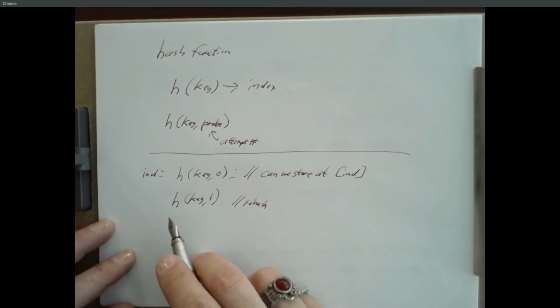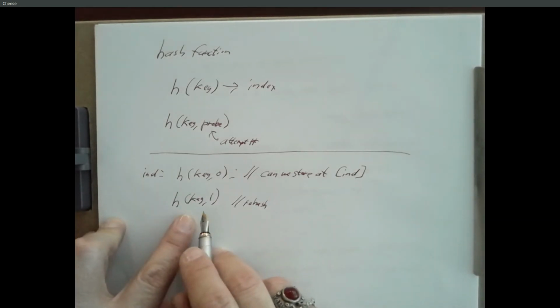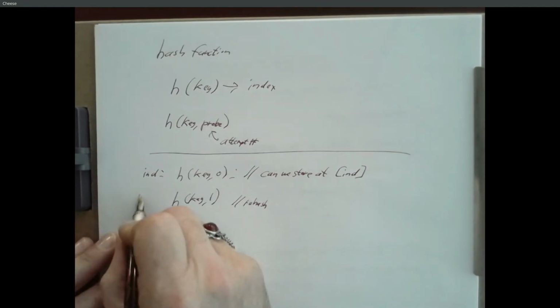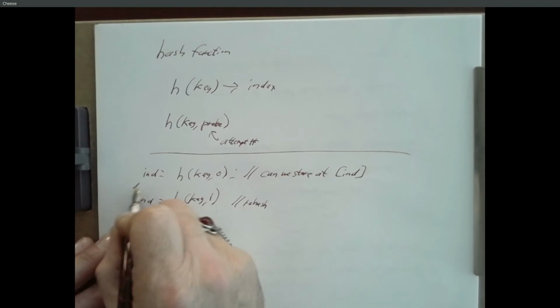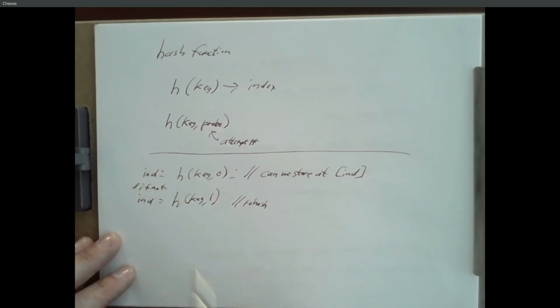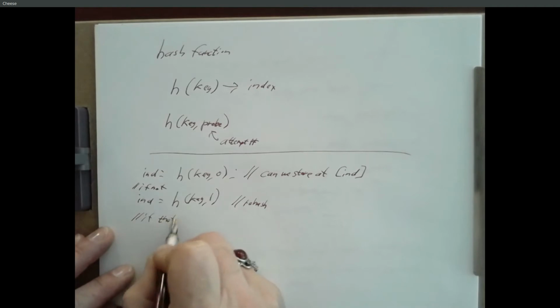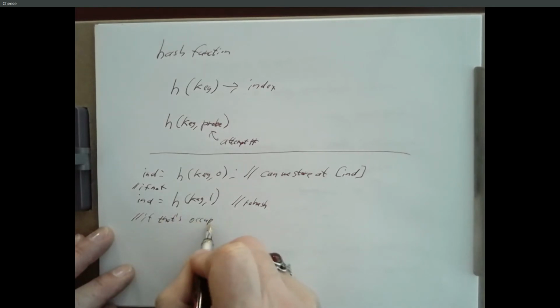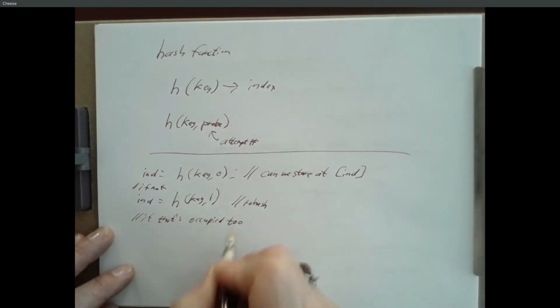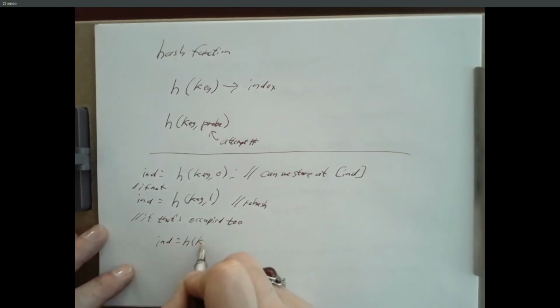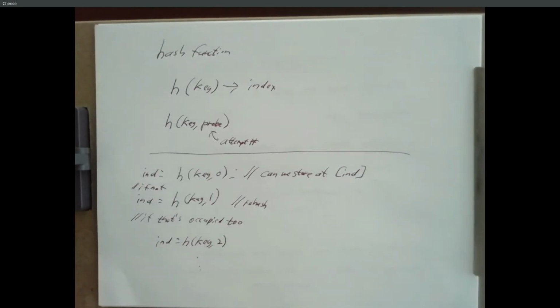If not, then recall your hash function, but use a probe value of 1. And if that location is also occupied, rehash with a probe of 2, and so on. So that's just a for loop or a while loop.